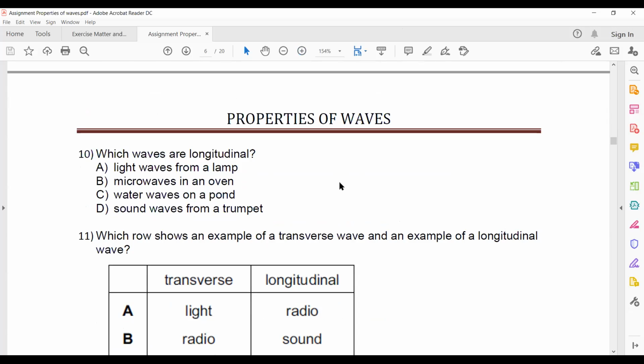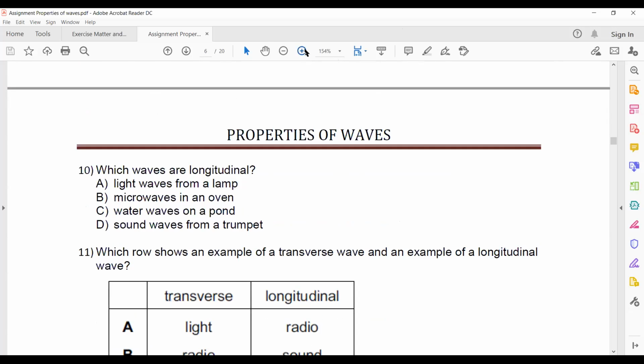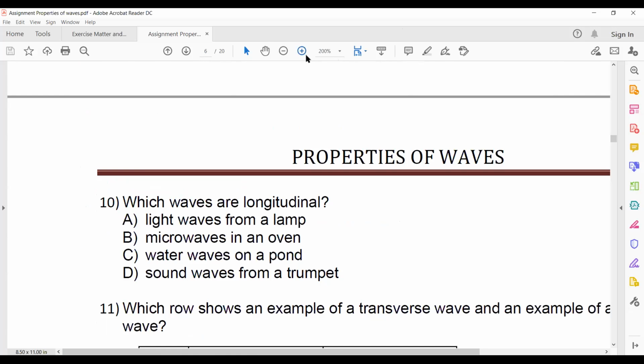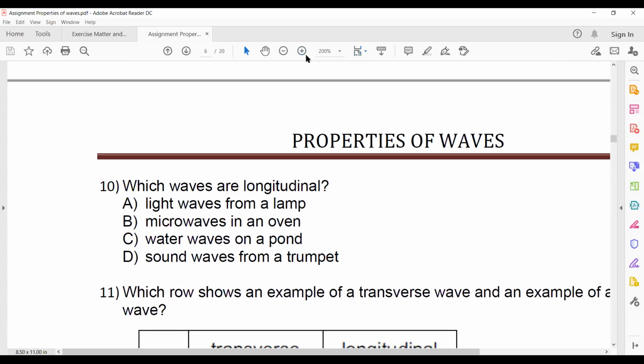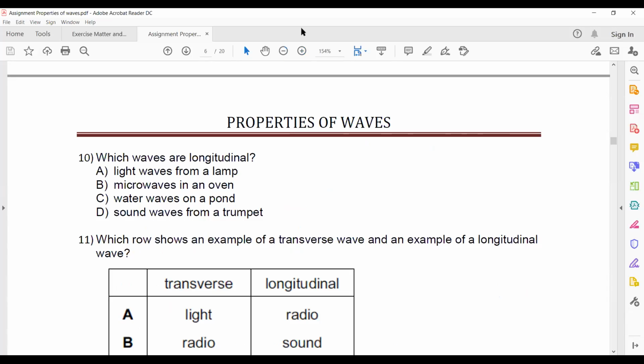Question 10. Yes, sound waves, because in sound waves the particles vibrate parallel, so that's longitudinal. All the others are transverse.